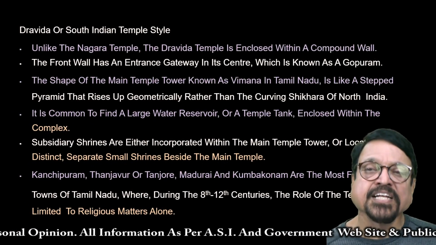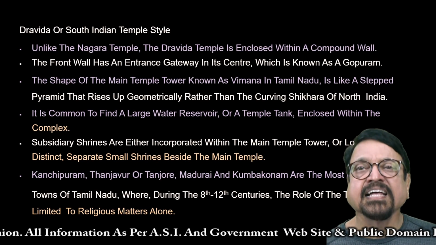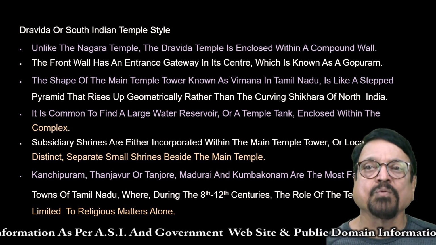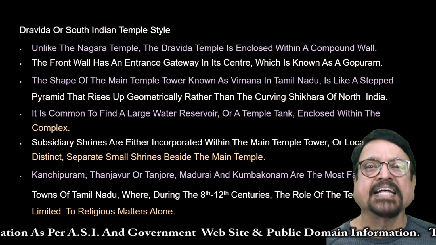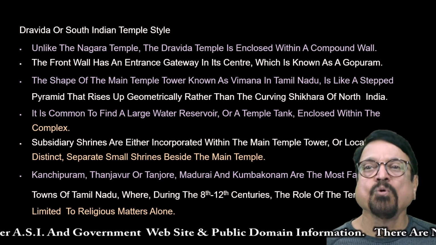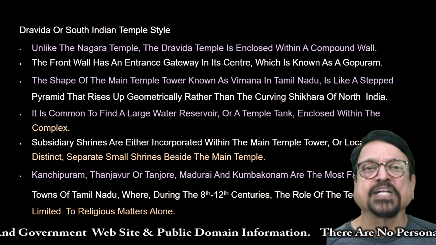Now let's consider Dravidian versus South Indian style. Unlike Nagara temple, the Dravidian temple is enclosed within a compound wall. The front wall has an entrance gateway, which is known as Gopuram. The shape of the main temple tower is known as Vimana.